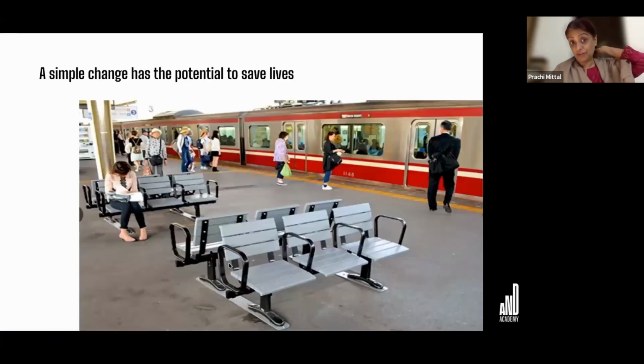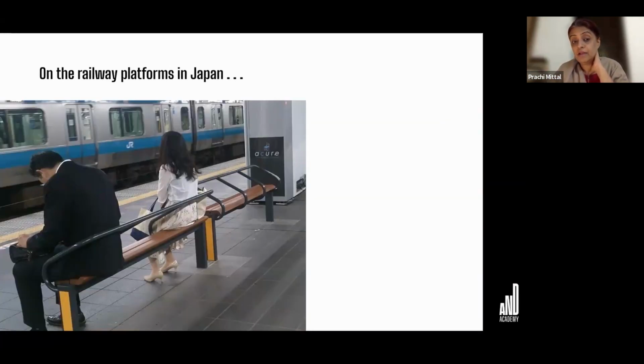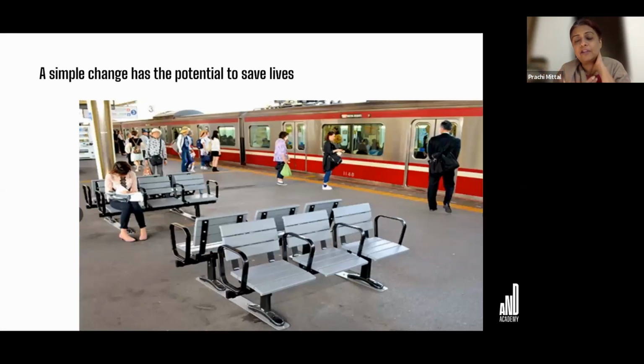But what was finally done? This is what was done. Can you see what is the difference that was done? Here, the bench is parallel to the edge of the platform. They turned the bench around. Now, this lady who's sitting there, who's dozed off, she will get up, start walking, not realizing that no train is coming, nothing is happening.